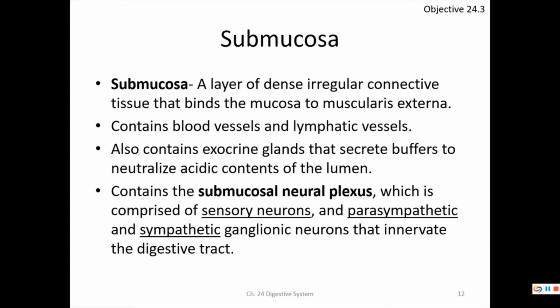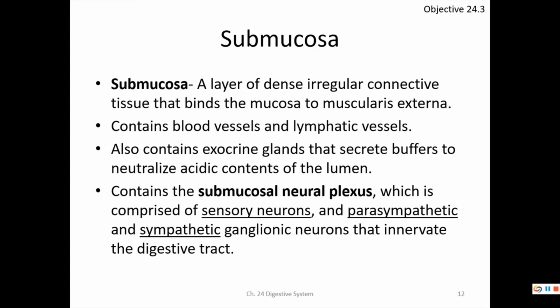And then it also has a submucosal neural plexus of neurons, which are sensory, parasympathetic, and sympathetic ganglionic neurons. These are the postganglionic neurons, those that are inside. So we would typically call this an intramural ganglia.